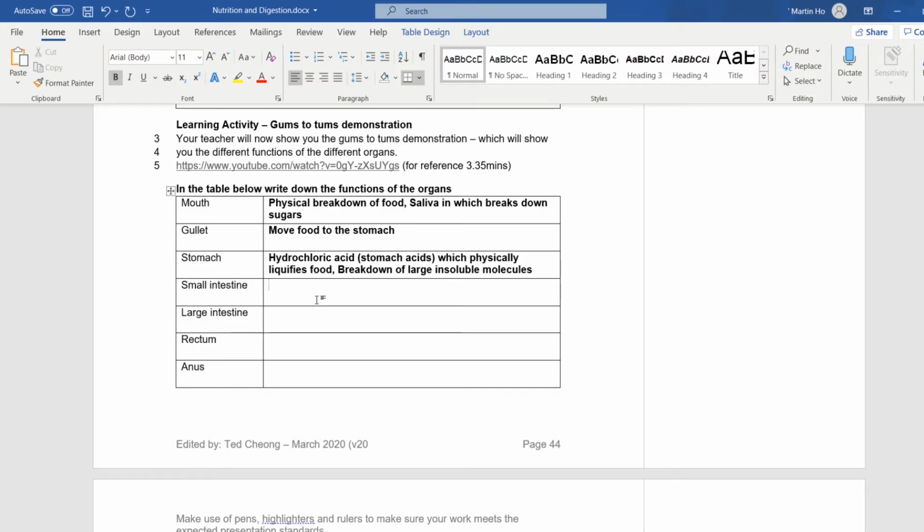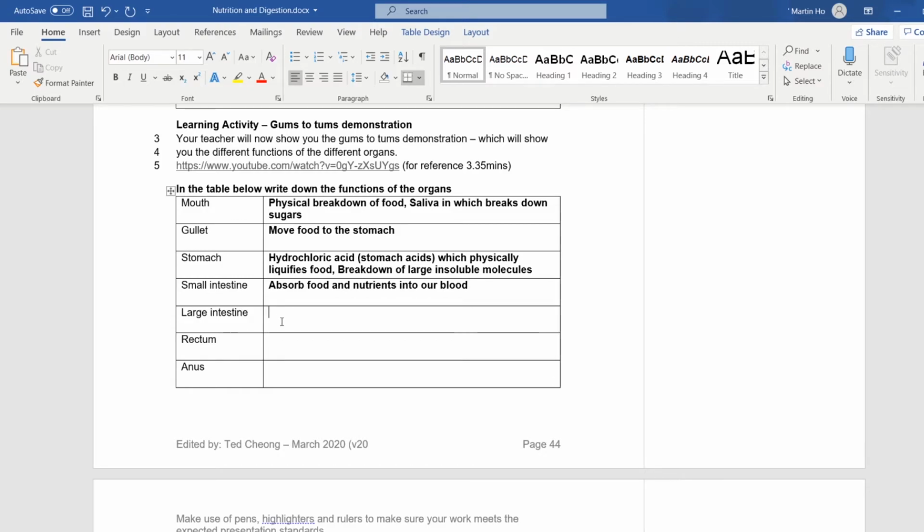The job of the small intestine is to absorb food and nutrients into our blood, as going through our stomach has greatly broken down most of the large insoluble molecules into smaller soluble molecules.